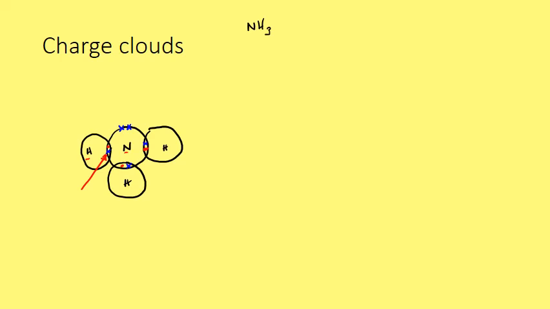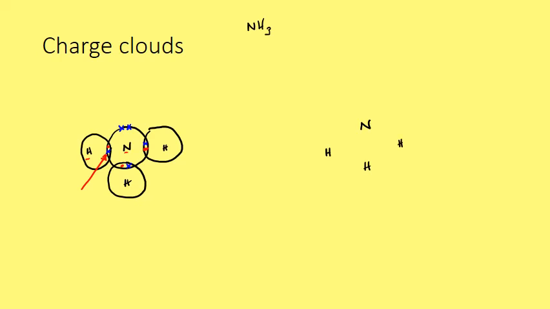So that brings us on to charge clouds. So let's redraw now this nitrogen atom, ammonia molecule. We're going to draw the nitrogen atom here, and actually we're going to draw the 3 hydrogen atoms here.